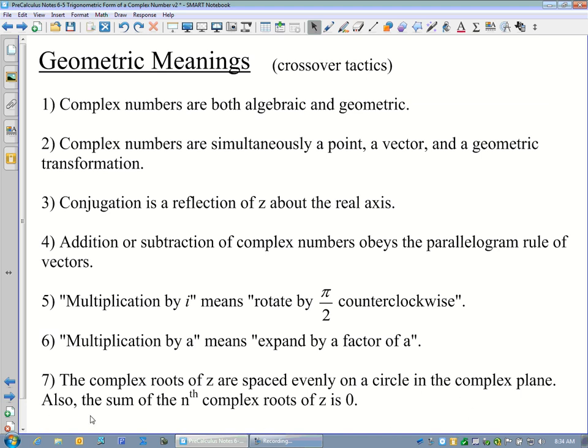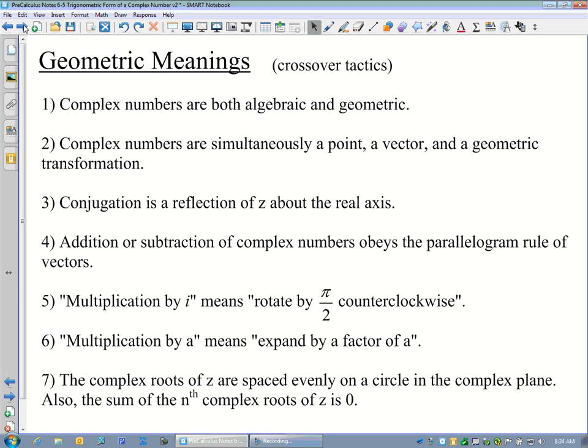And then we saw by a little demonstration, we didn't quite rigorously prove it, that the sum of the nth complex roots is always going to be 0 as well. Now again, these are a little more advanced thoughts to keep in mind as you go forward in math, but they can be great time savers in problem solving.